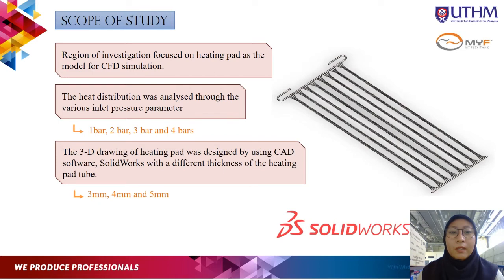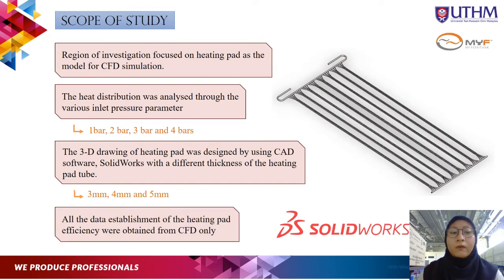Next, the heating pad was designed using the CAD software SolidWorks with different thicknesses of the heating pad tube, which are 3 mm, 4 mm, and 5 mm. For the last, the data on the heating pad efficiency were obtained from the CFD only.